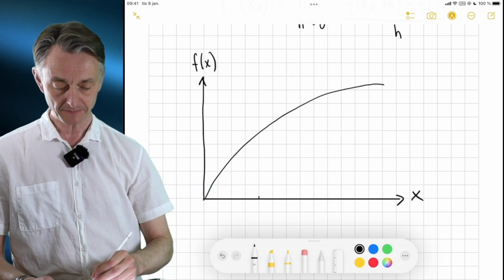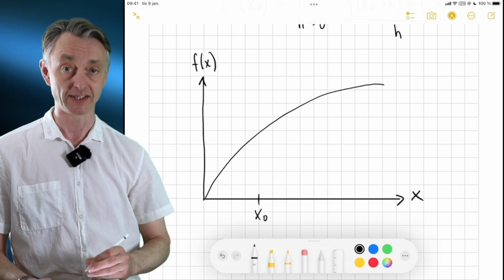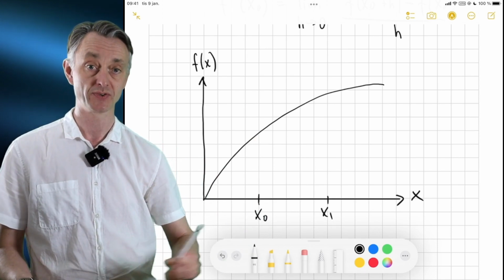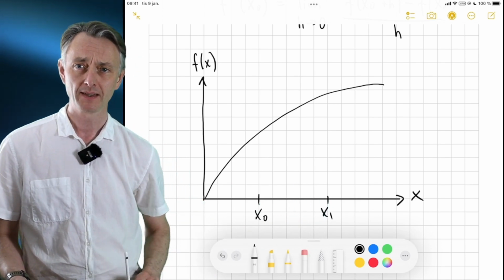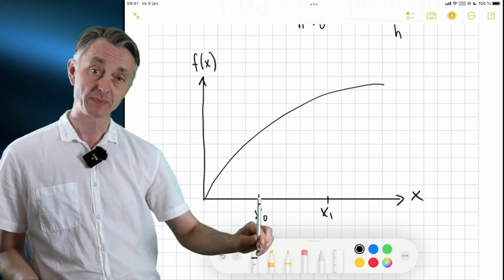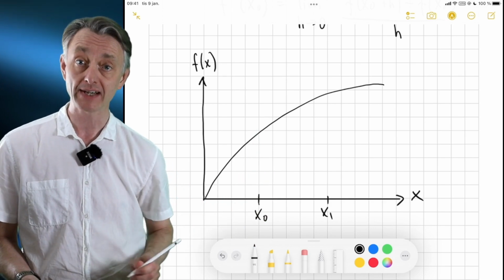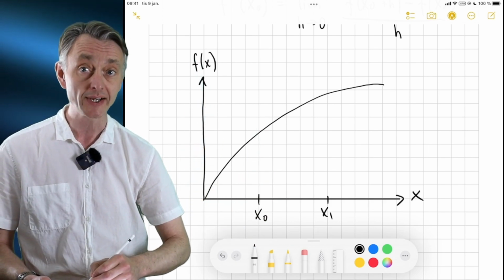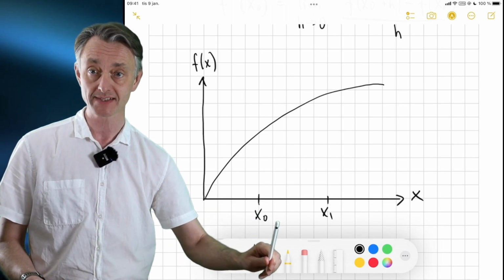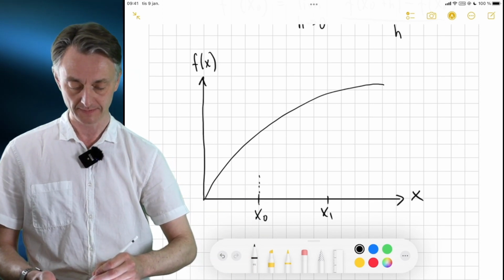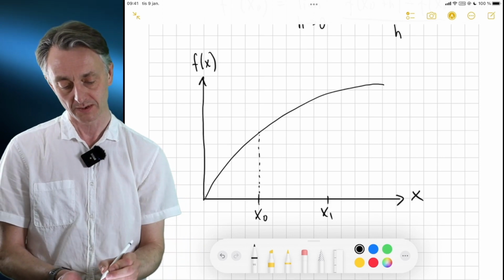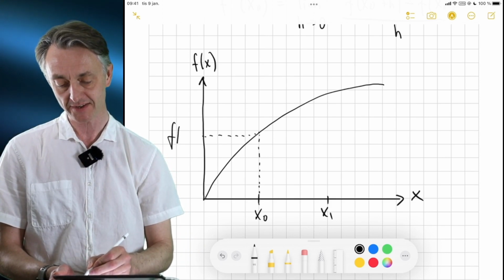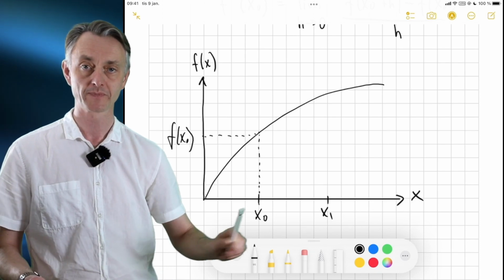And then here, this is x0. And let's say this point here corresponds to x1. Then we can look at what the value of the function f of x is when we evaluate it at the point x0. Well, it's going to be this f of x0.